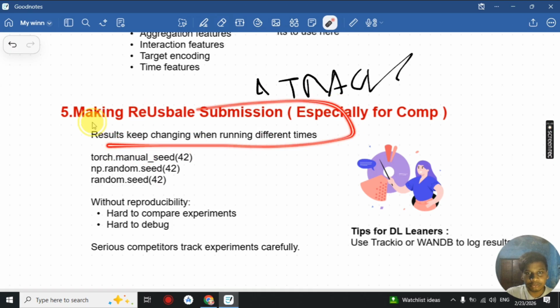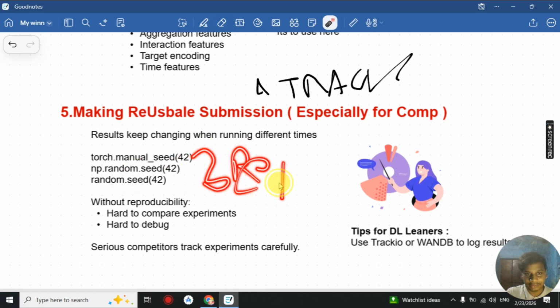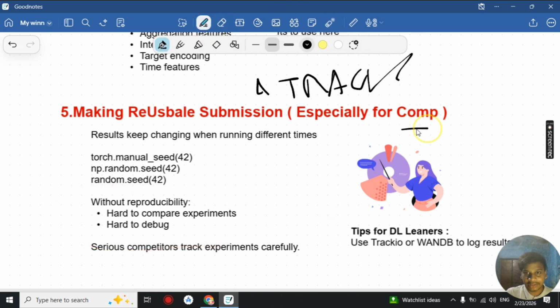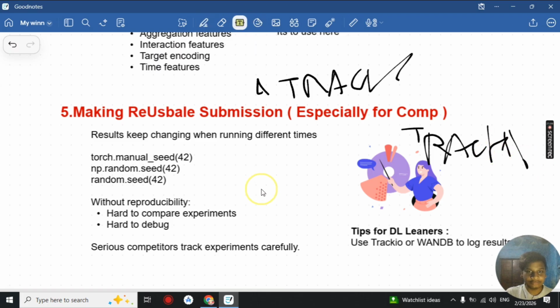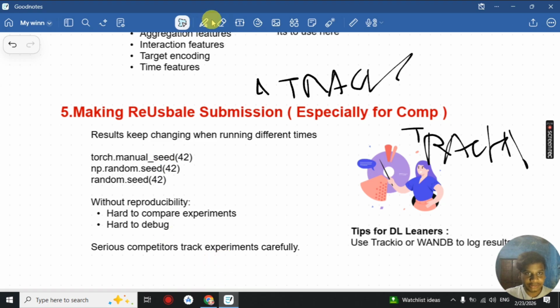So we first make sure to set our random seeds so we can get the same result each time, okay. And also make sure that we are using tracking features to track our logs on whatever we are using here, okay.